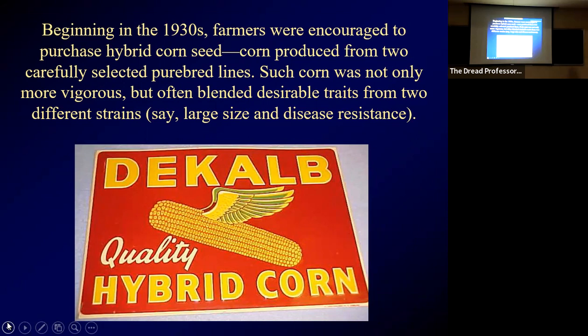Okay. That hybrid corn was vigorous, it's got this heterosis. It often blends desirable traits from two different strains. Like you could breed an inbred corn that was big with an inbred corn that was disease resistant, and you get hybrid corn that was both.